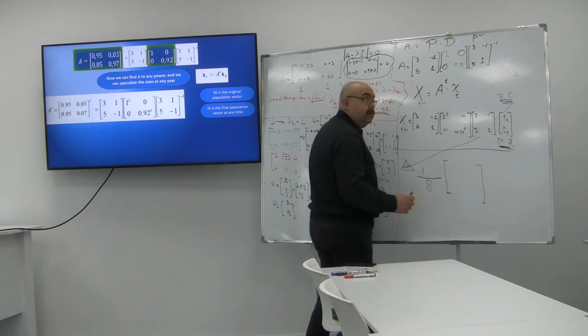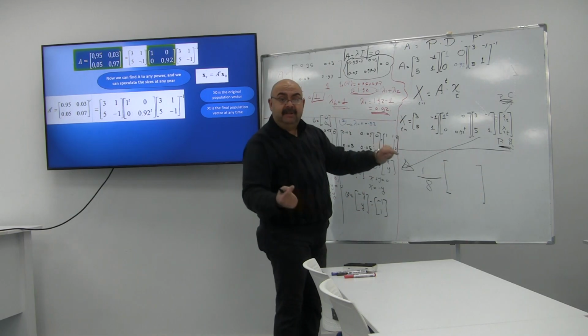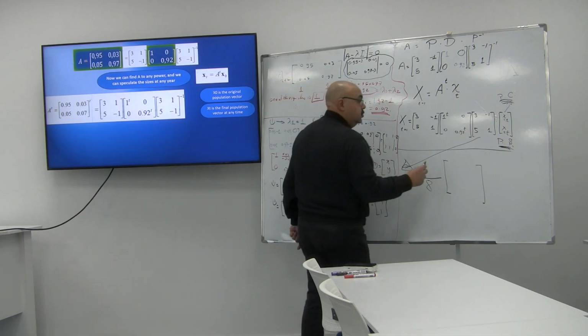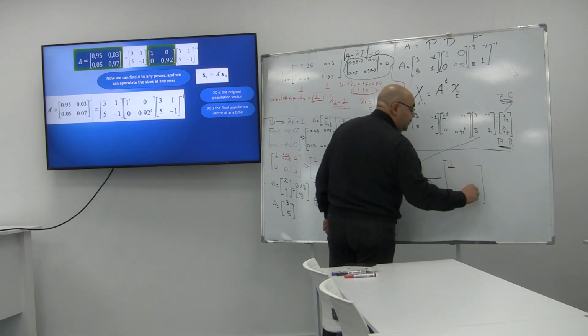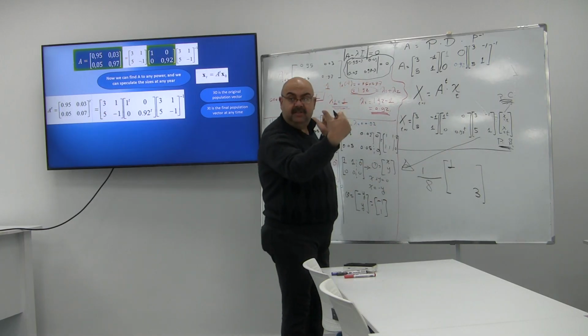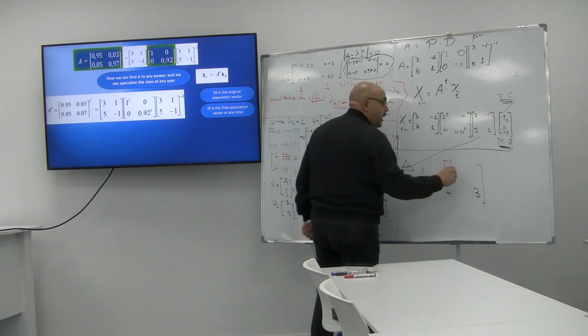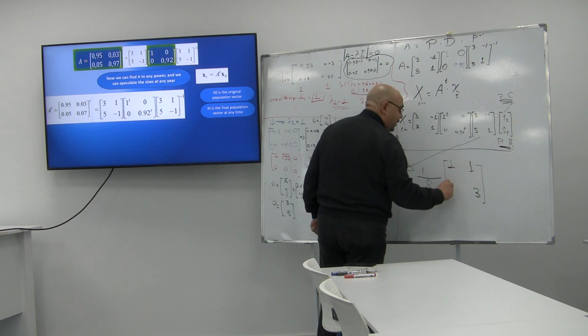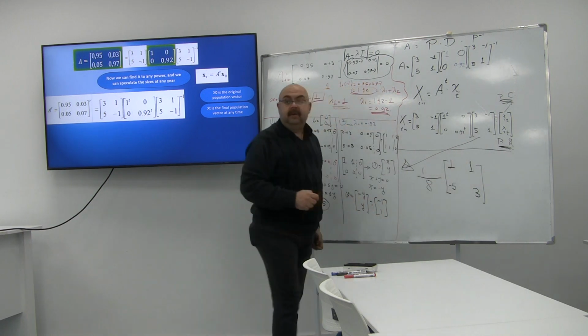Second step. Look, everyone: I will replace the elements of the principal diagonal, so it comes up to 1 and the other, and then change the sign of the secondary diagonal. So this becomes 1 and this becomes -5.